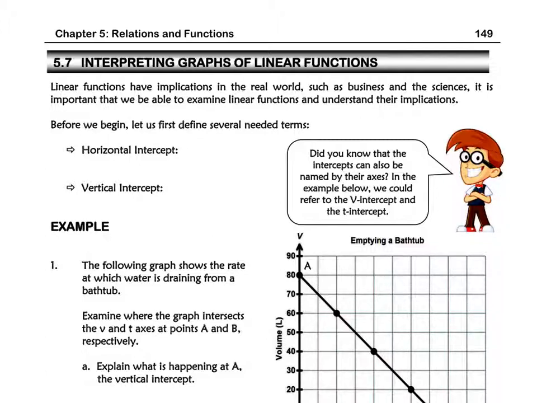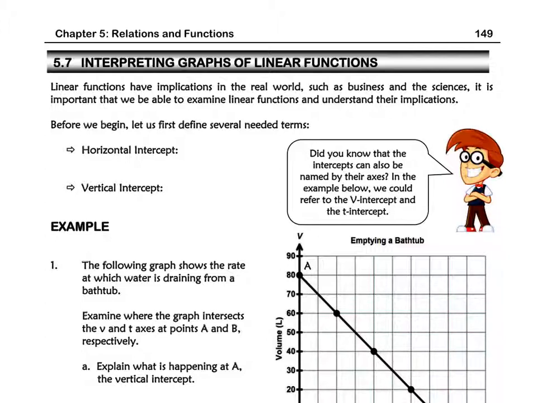The horizontal intercept is the place where the graph crosses the horizontal axis, and it's often called the x-intercept because usually the horizontal axis is the x-axis. A lot of times, though, it could be labeled something different. If the x-axis was representing time, it might be the t-intercept.